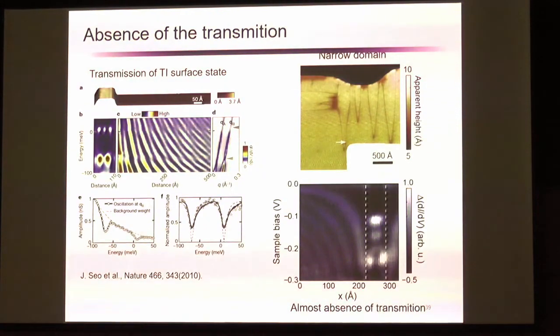Another piece of evidence shows that very narrow domains also show no transmission between the domain walls to the nearby domains. Why is that? I think this tells us the domain confinement is very strong, and there's no transmission there. But you previously told us the reflection is 0.7. I think the scattering from the substrate is very strong.